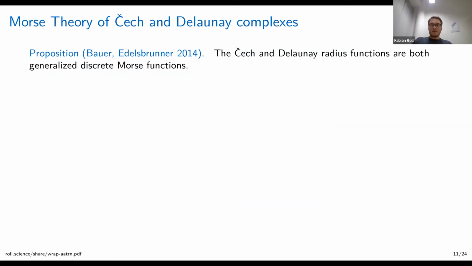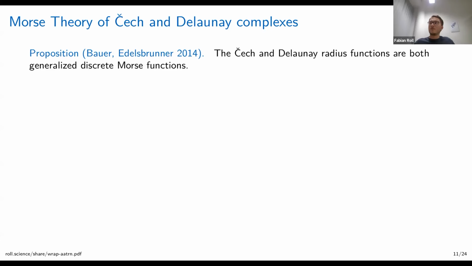Okay, so let's work our way to the definition of RAP. An important observation that was made like 10 years ago by Bauer and Edelsbrunner is that the Čech and the Delaunay radius functions are both generalized discrete Morse functions. So what are the Čech and Delaunay radius functions? Well, there are two ways you can think about this. The first way is, these are the functions whose sublevel filtrations are the Čech and Delaunay filtrations.